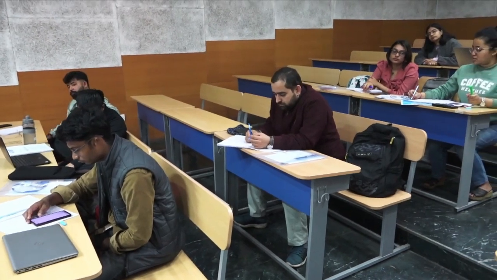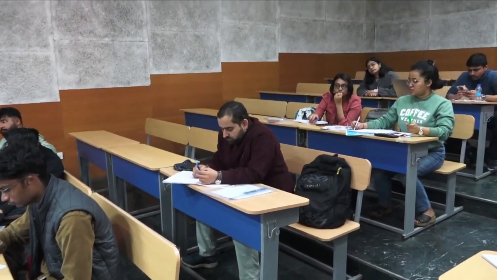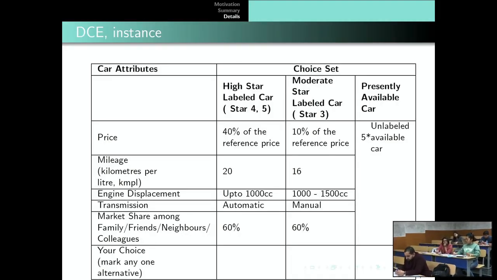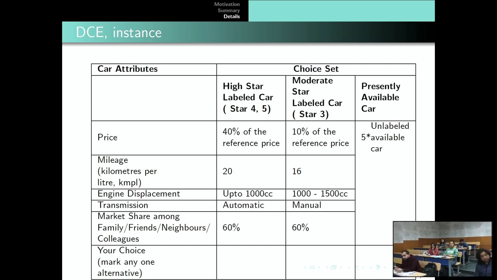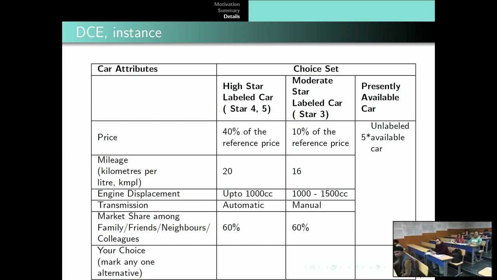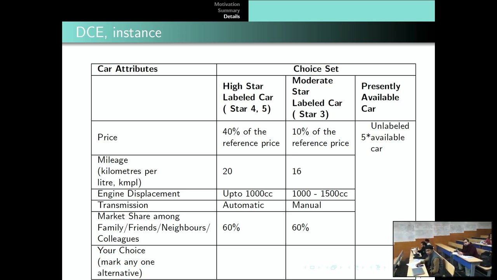There we said, imagine that you are going to decide between car A, car B, car C, where car A has this price, with this mileage, this engine, this transmission, and 20% of the people will be buying it. But we start from the beginning with, these are cars that are not yet in the market, right? So imagine that was the situation.